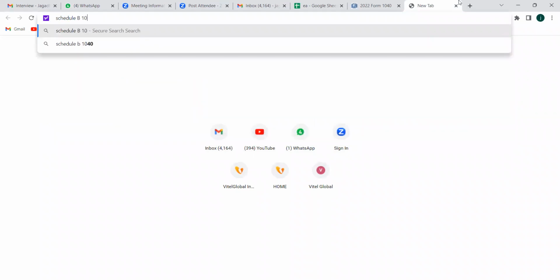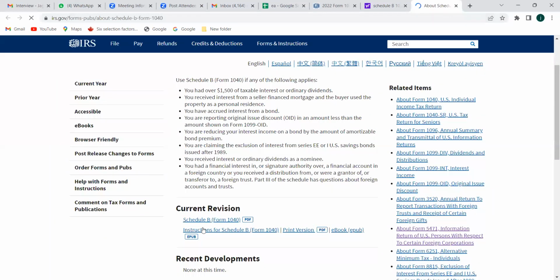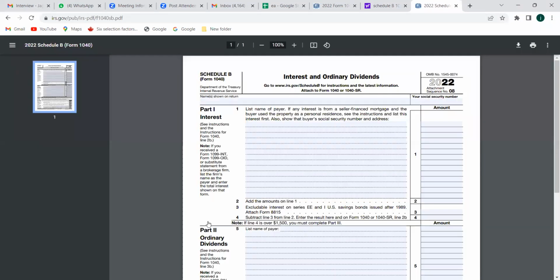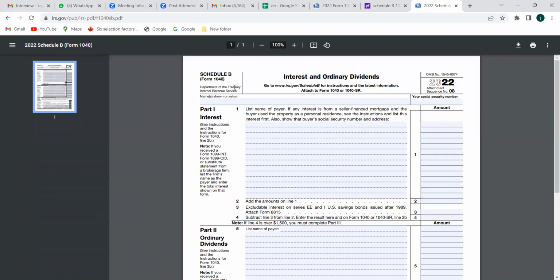Schedule B of 1040 has three items: interest, dividends, and FBAR, foreign accounts and trusts. These are the categories. The first part is for interest.